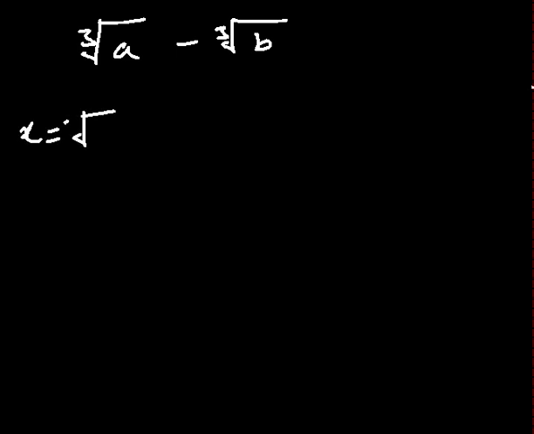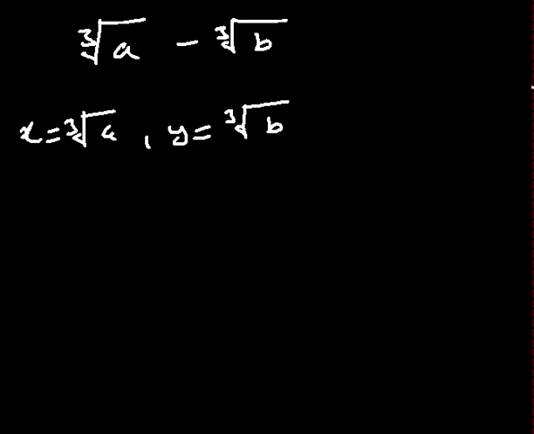And what if, let's say, we have the cube root of a minus the cube root of b. So how do you think we should have the conjugate of that? The principle remains the same. We should let x be equal to the first part, which is the cube root of a, and we should have y be equal to the second part, which is the cube root of b.